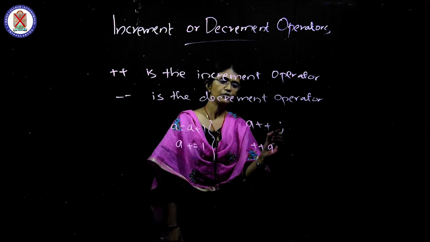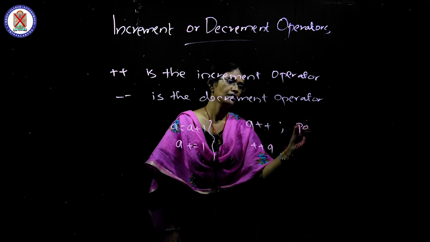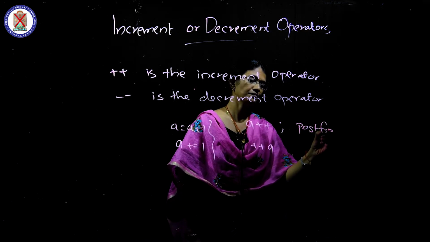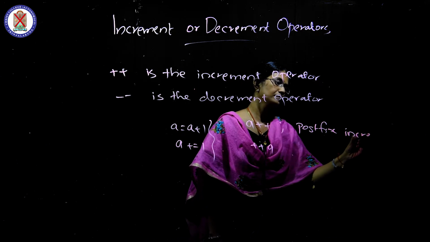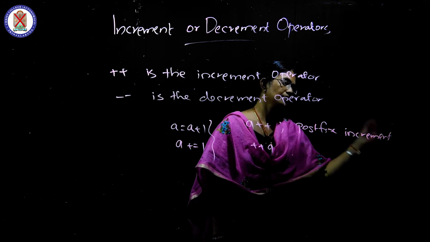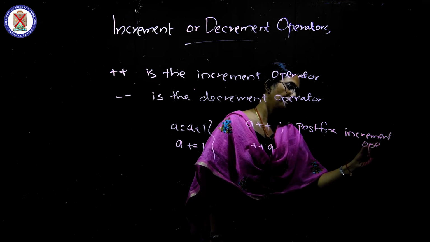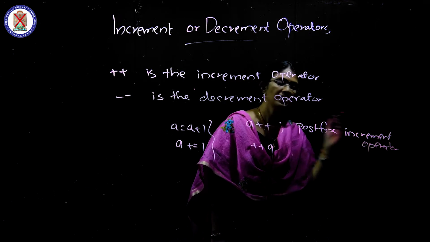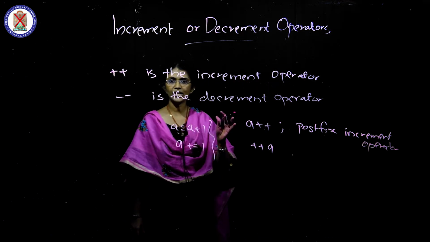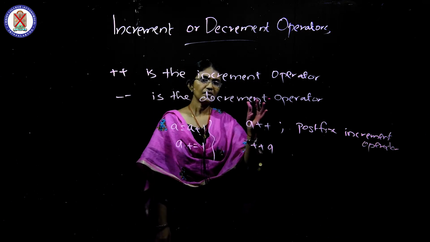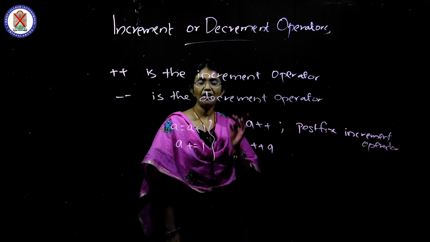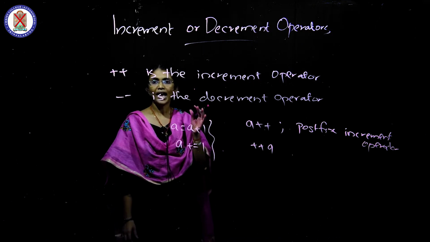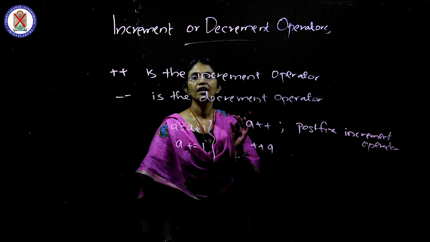For example, a plus plus is known as the postfix increment operator. In this case, the increment operation is done after the actual evaluation of the expression is done.